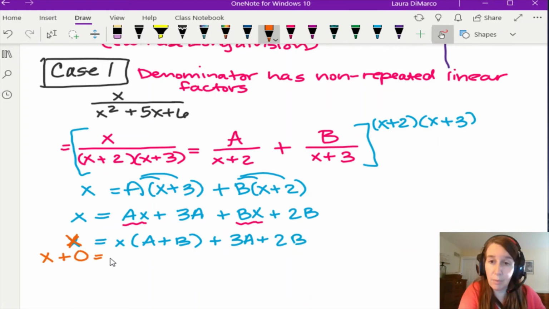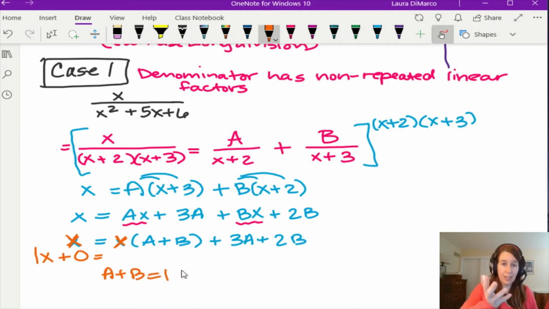On this side, this is x times this stuff, plus the number portion of it. So here we have 1x, and here we have a plus b times x. So our first equation is going to be a plus b is equal to 1.